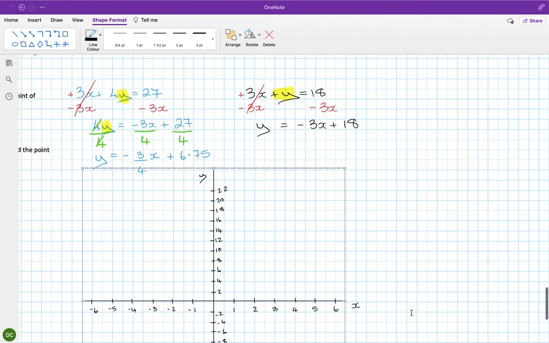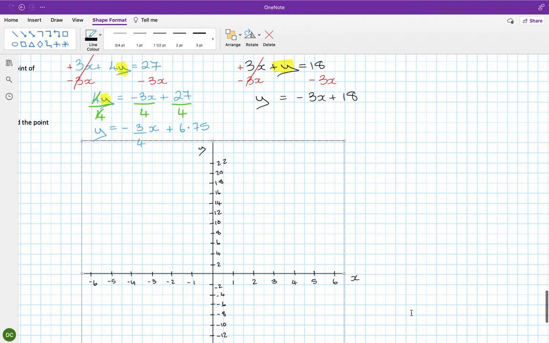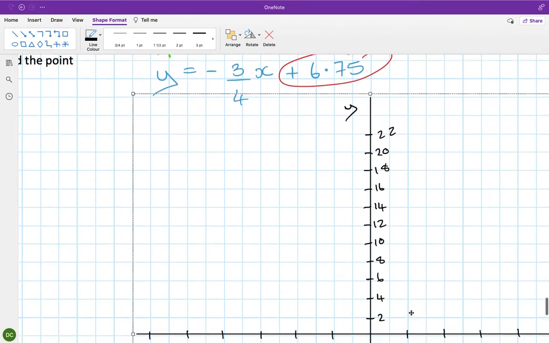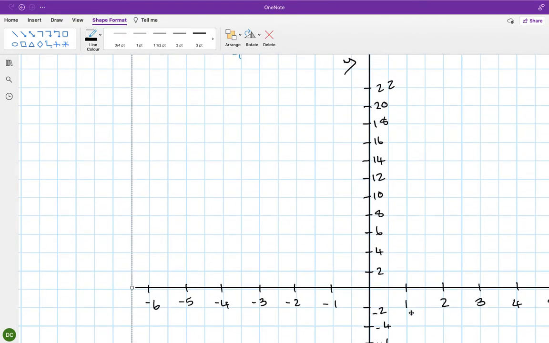Right. So I'm going to plot the first one. I have a very awkward start point of 6.75. Let's see, can I get this as accurately as possible? That's 7. Agreed?